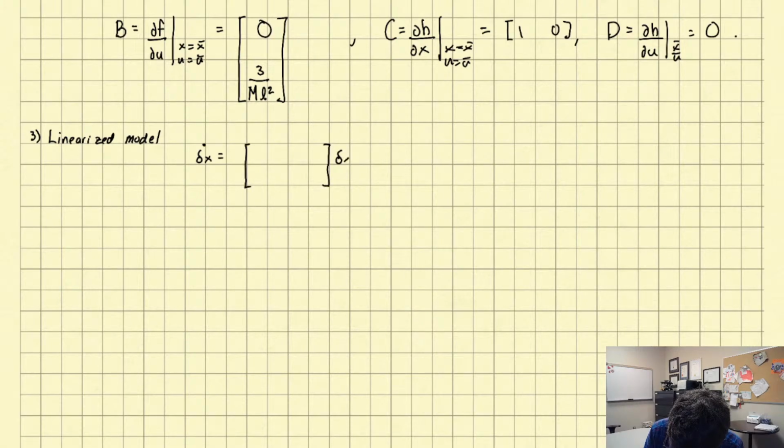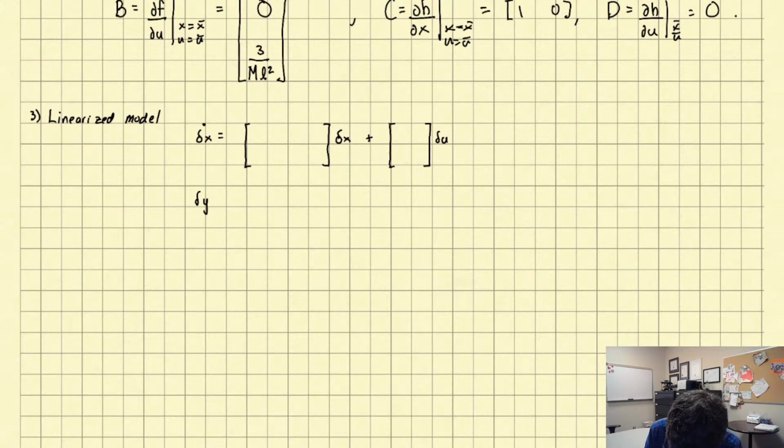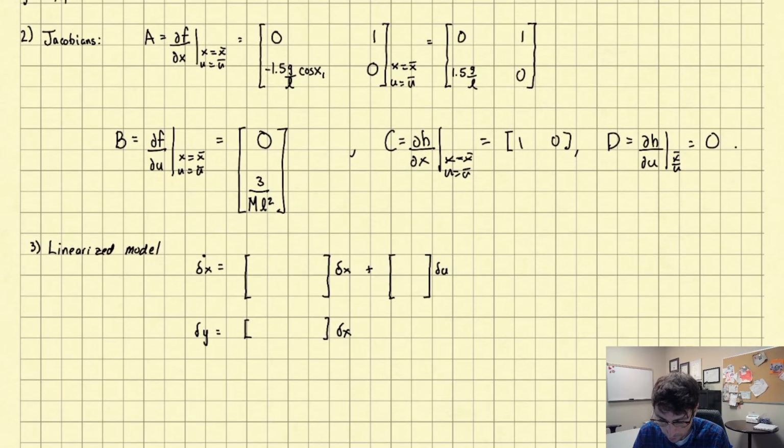Our linear state space model looks like this. I'm going to rewrite those matrices from above. There's A, so A will be this thing, B will be this thing, C is here, and D is 0, so I didn't even bother writing it.